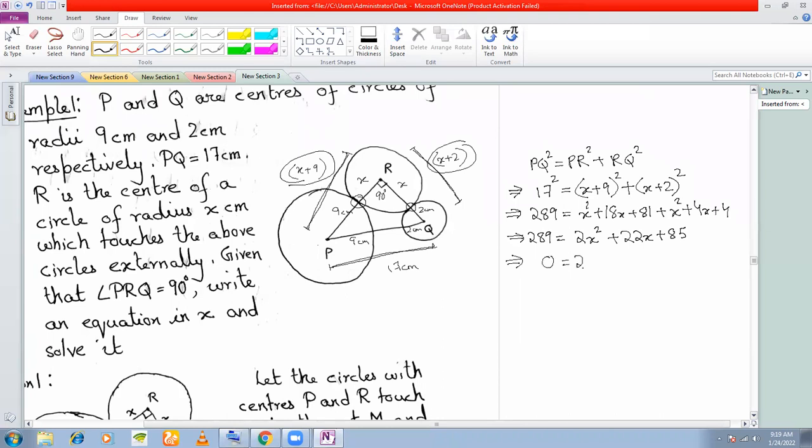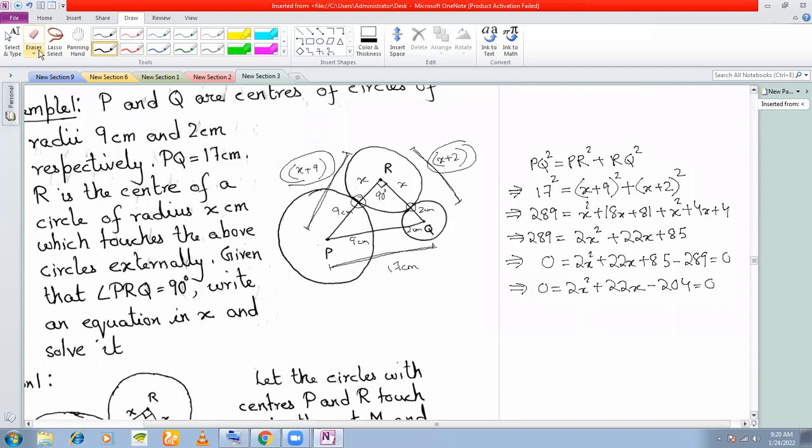So you get 0 is equal to 2x square plus 22x plus 85 minus 289. Okay, so once you get this, you are getting 0 is equal to 2x square plus 22x, and you have 85 minus 289 as 204.